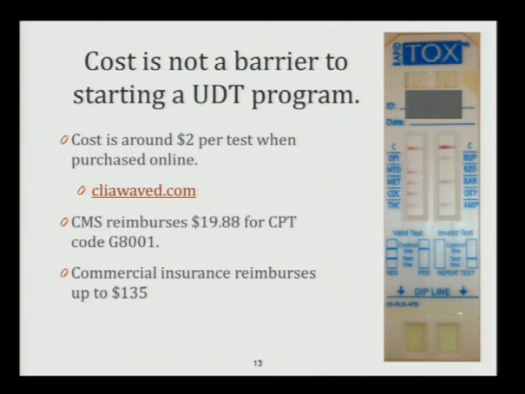It works differently than a urine pregnancy test. You lose your luminescence when the test is positive here. So you can see this patient is positive for opiates, benzos, and OxyContin. And the first time I ran this test, my nurse came running in, saying, doctor, he's on everything. And it was a totally negative test and everything.